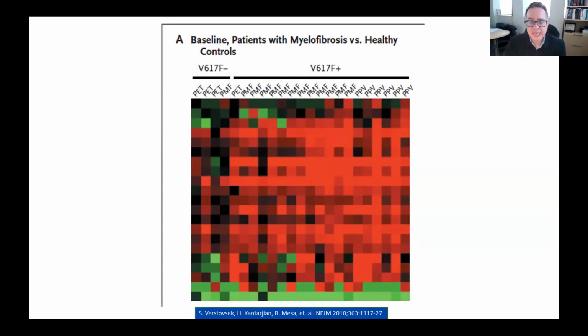So when you measure cytokines, and what I'm showing you here are individual patients that were enrolled on one of the early trials, whether they were JAK2 mutated or not, and the heat map shows you changes in cytokines. This is what a baseline cytokine profile would look like in a population of patients that were untreated with myelofibrosis.